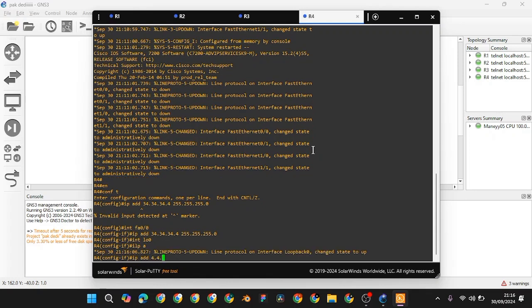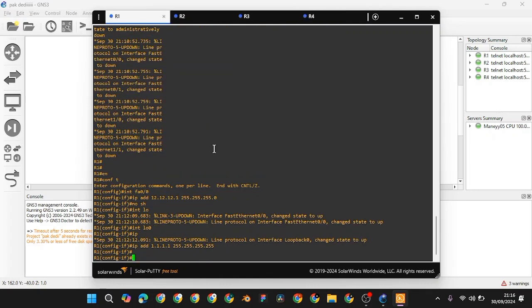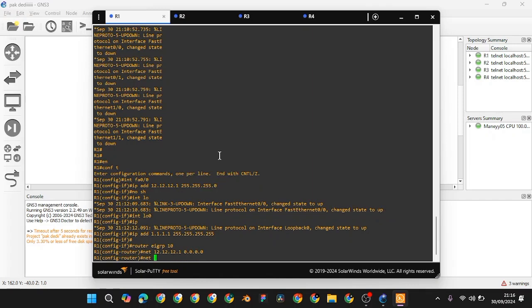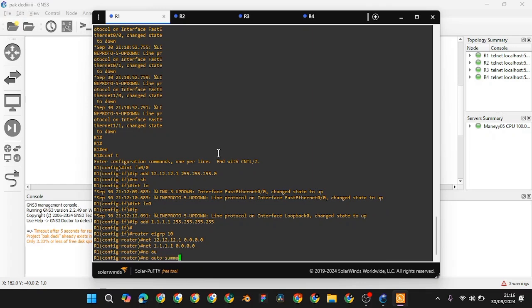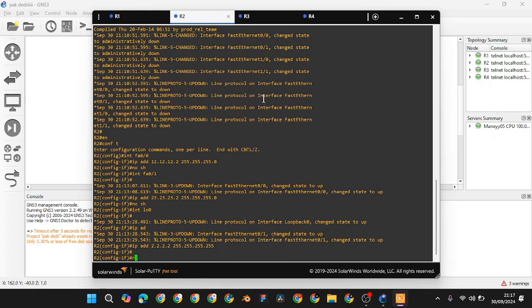I forgot what EIGRP is for, but we have to configure EIGRP 10 on each router. The networks are the router's own subnets and the networks of the neighboring routers.